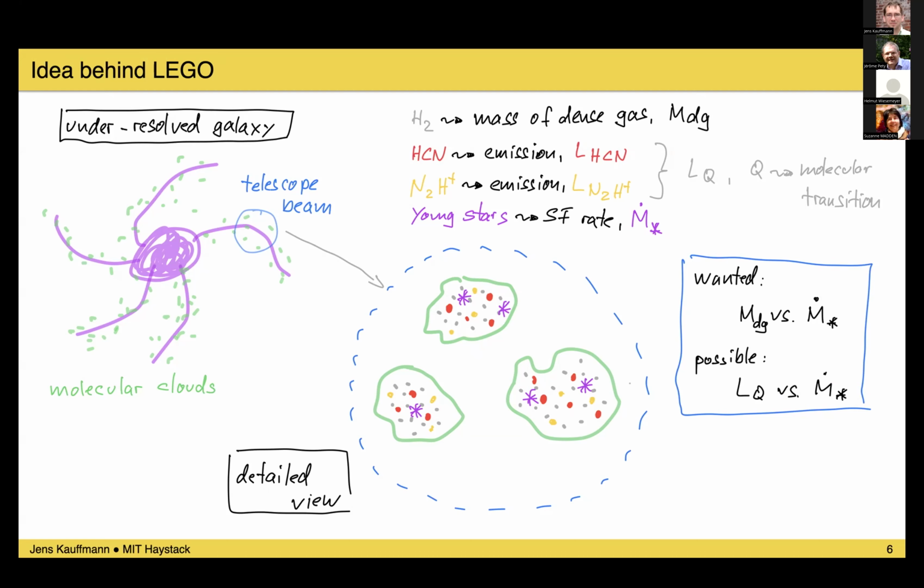But maybe if we had an idea about converting line luminosities to masses of dense gas in galaxies, then we could connect mass of dense gas and star formation rate in a more direct way. But for that to work, we need to have this relationship between line luminosities and masses of dense gas, and that's exactly what LEGO tries to figure out.